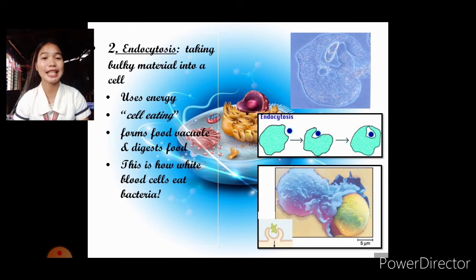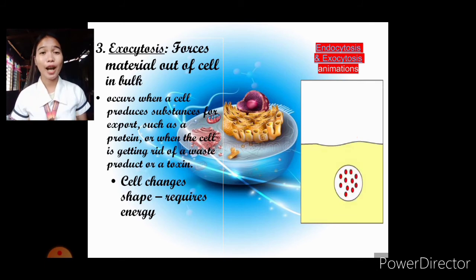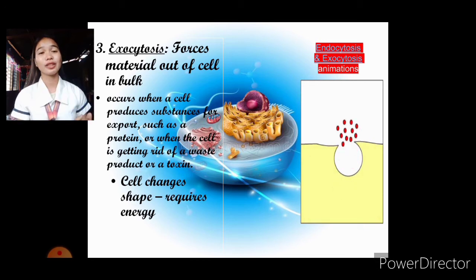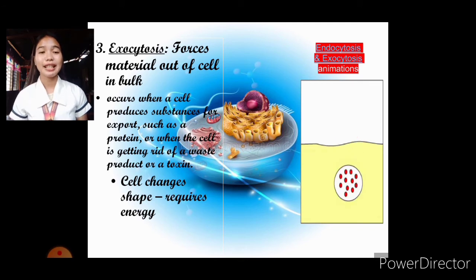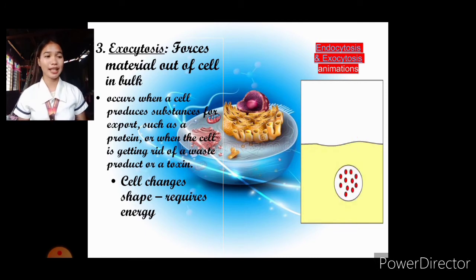Now let's proceed to exocytosis. Exocytosis forces material out of the cell in bulk. As you can remember, endocytosis is the taking in. Now, exocytosis is the taking out. It occurs when a cell produces substances for export, such as a protein, or when the cell is getting rid of a waste product or a toxin.